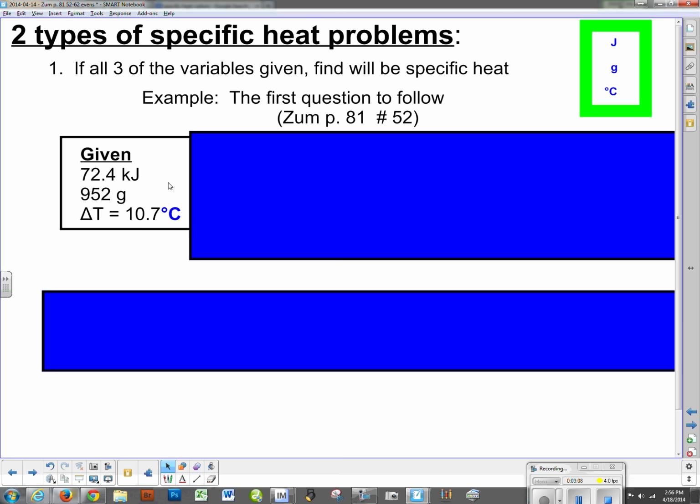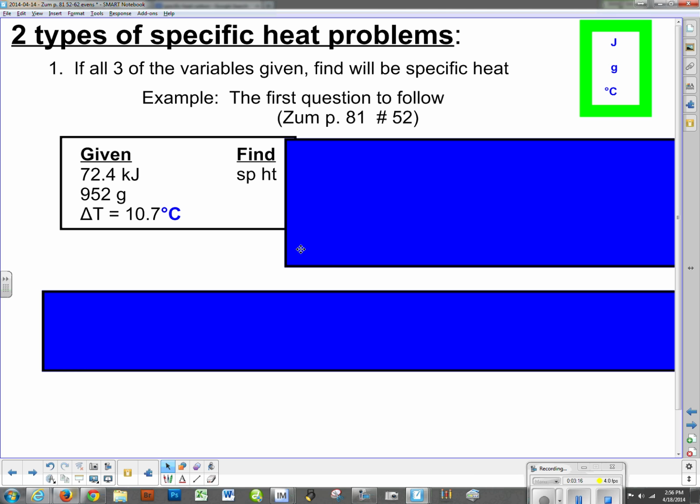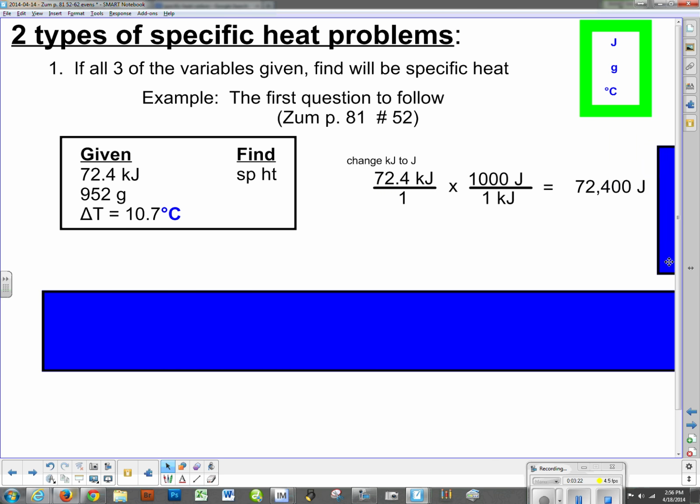So the first thing you're going to have to do after you realize what the problem type is, and that is to find the specific heat, and that's your first problem type. But before you can work it, you've got to get your kilojoules into joules. 1 kilojoule equals 1,000 joules, and we use that to convert our kilojoules into joules, and we have a pretty big number of joules, don't we?